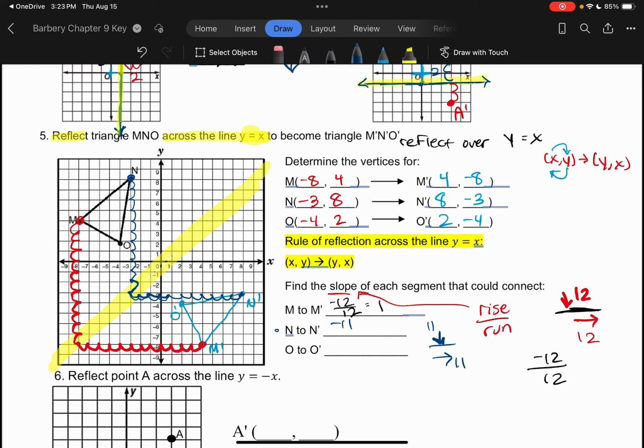So we get -11 over 11, which is -1. Sorry, that last one should be negative. Guys, you'll end up realizing that for O to O prime, you can count and check for yourself. It's also going to be -1.